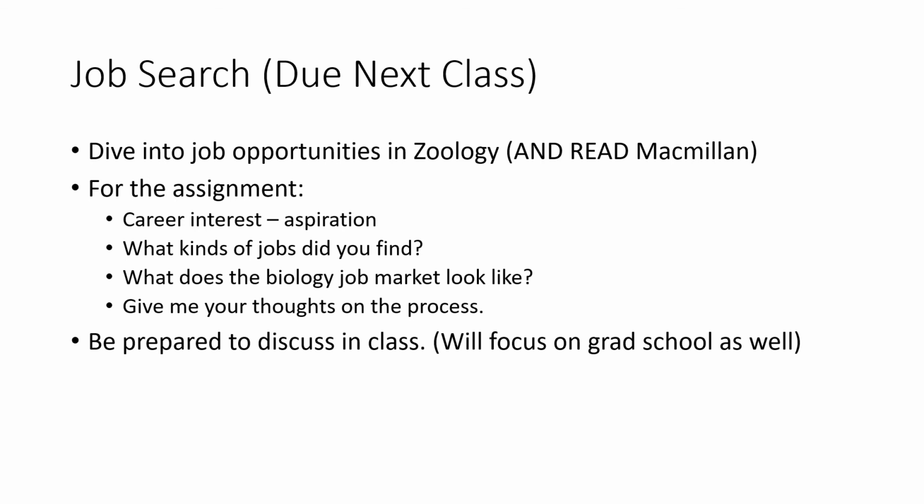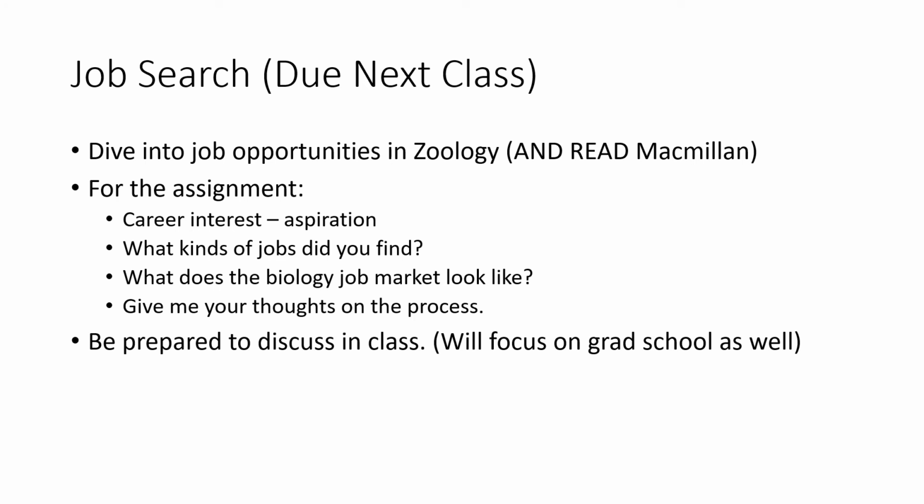is to find something that's interesting to you. And then I need for you to tell me in this particular assignment that you get back to me following the assignment rubric that I gave you, is what kind of jobs did you find? What does the biology job market look like right now? And then I want you to give me your general thoughts on the process.